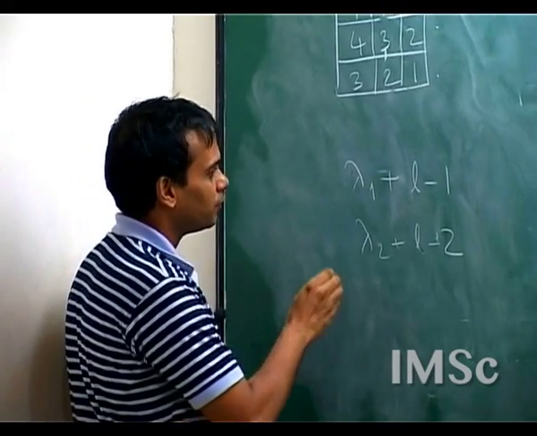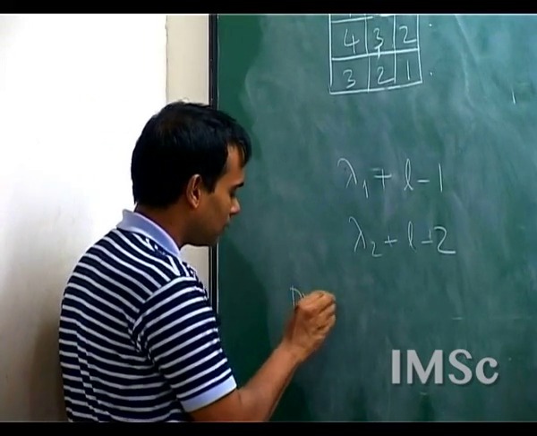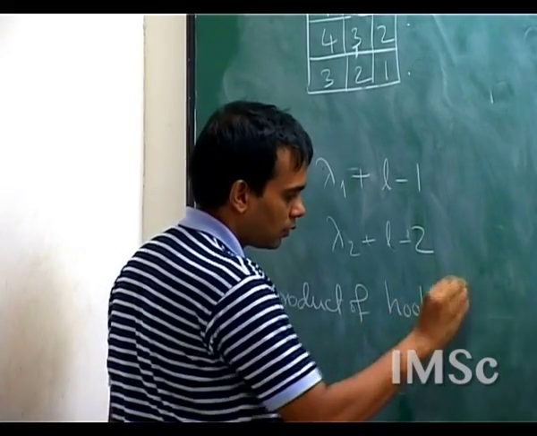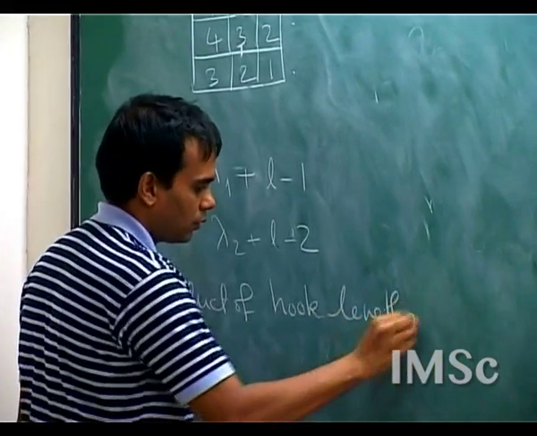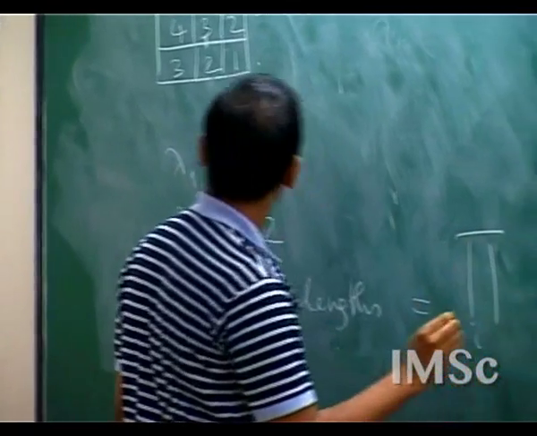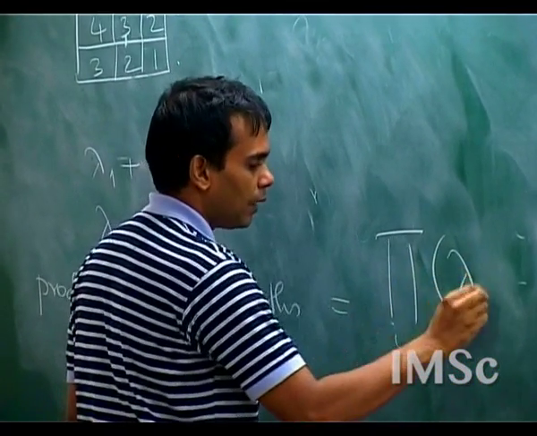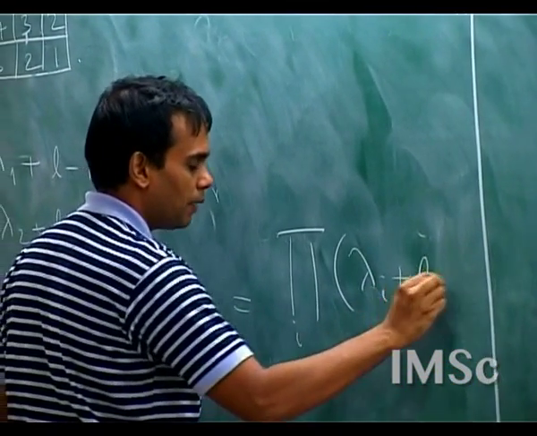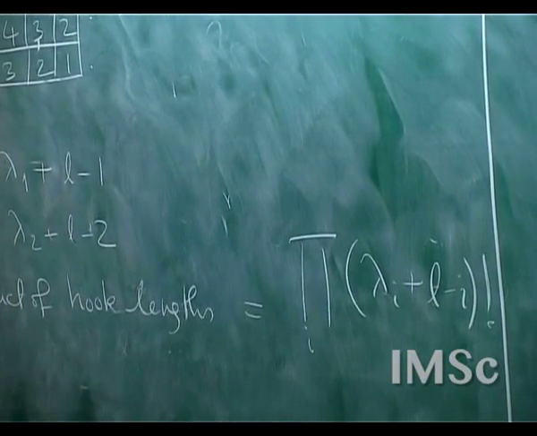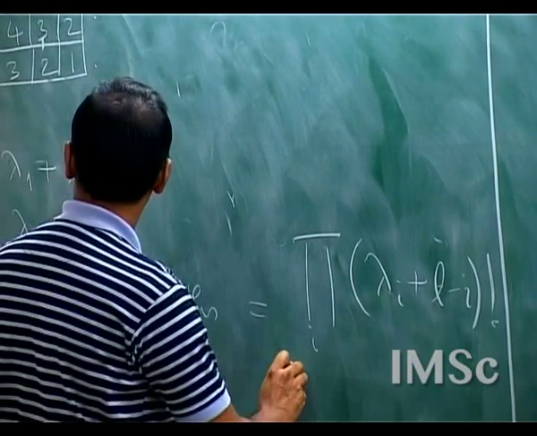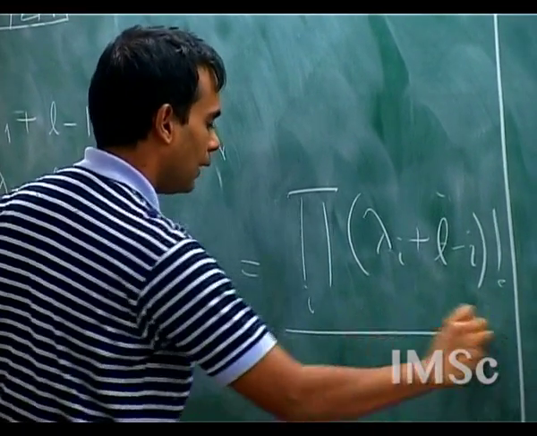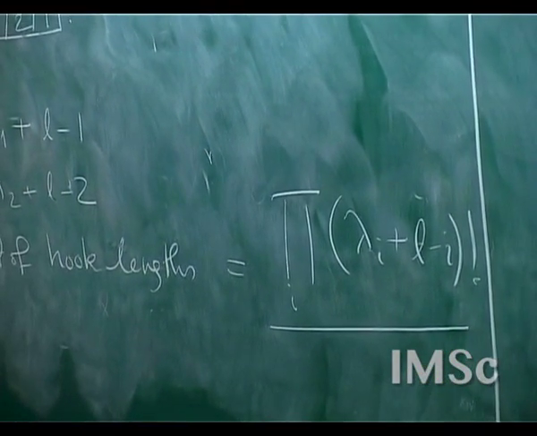So the product of hook lengths equals the product over i of lambda i plus L minus i factorial, and then I need to divide by all the missing guys.